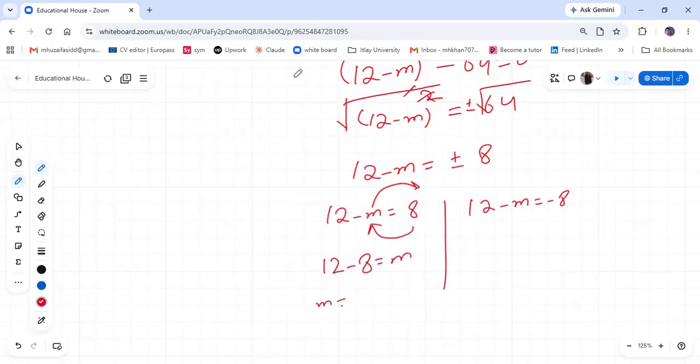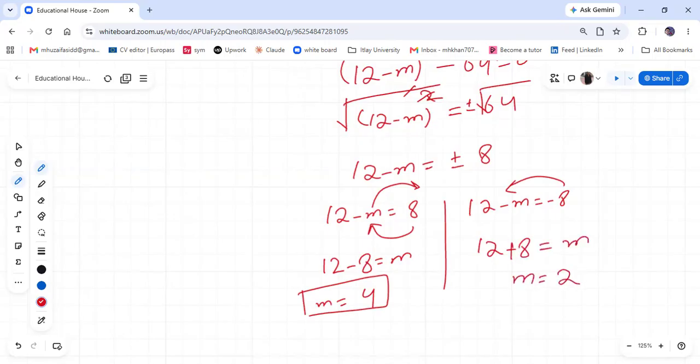So m is equal to 4. And when this moves to this side, it is 12 plus 8 is equal to m, so m is 20. Here we have two values: m is equal to 4 and m is equal to 20.